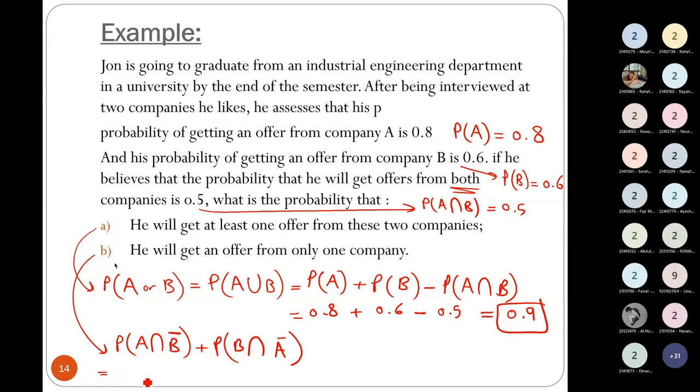This equals the probability of A minus the intersection A intersection B, this is the first, minus the second, the probability of B minus the intersection.